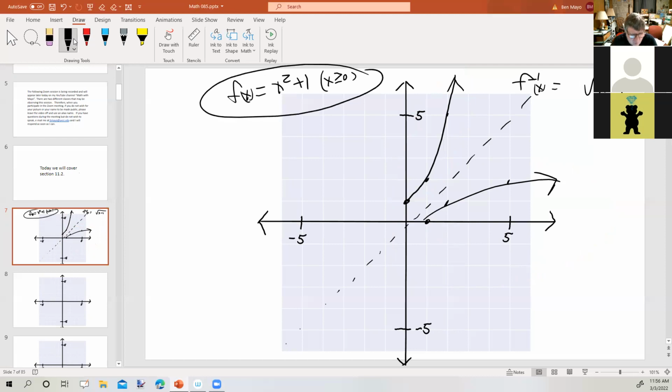Remember when I said the domain of the one-to-one function is the range of its inverse, including restrictions. On the original function, x has to be greater than or equal to 0, which means on the inverse, y has to be greater than or equal to 0. If y is greater than or equal to 0, that would get rid of the negative and get rid of this piece down here.